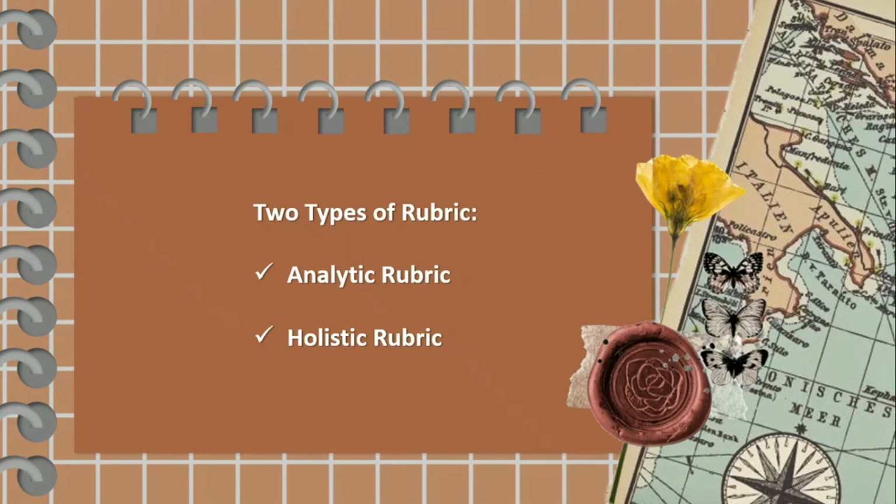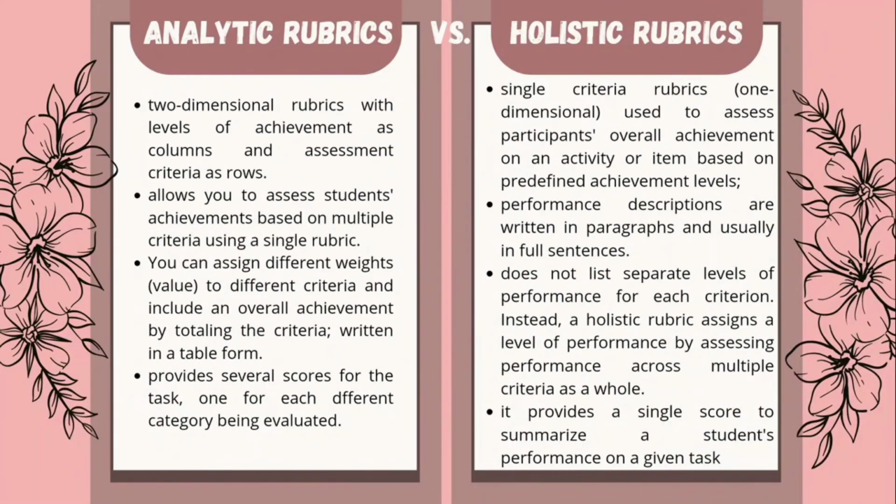So there are two types of rubric, the analytic rubric and the holistic rubric. So if we compare or differentiate the analytic rubrics versus holistic rubrics, analytic rubrics has two-dimensional rubrics with levels of achievement as columns and assessment criteria as rows.